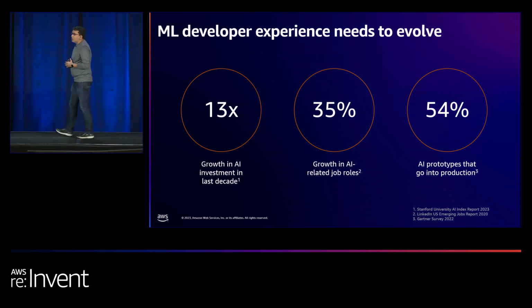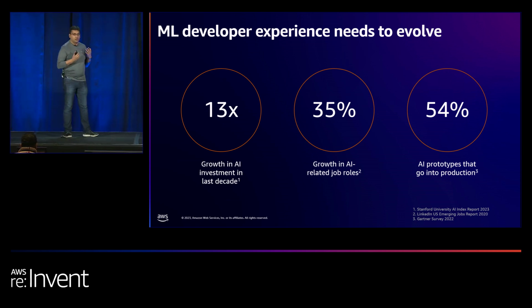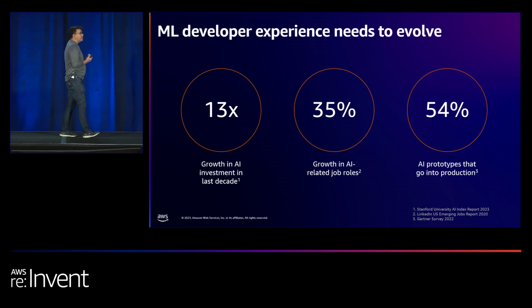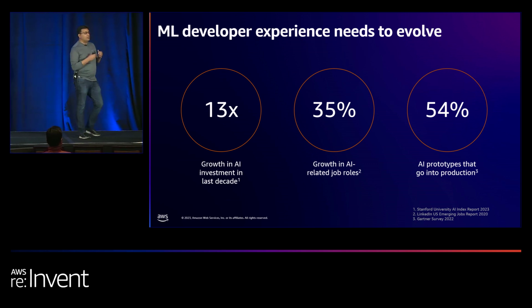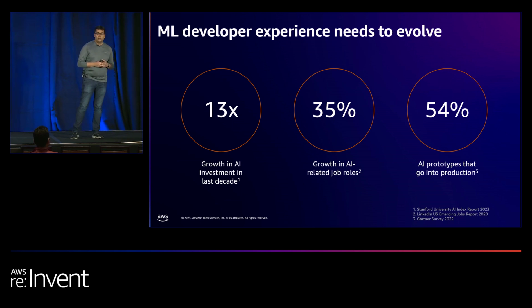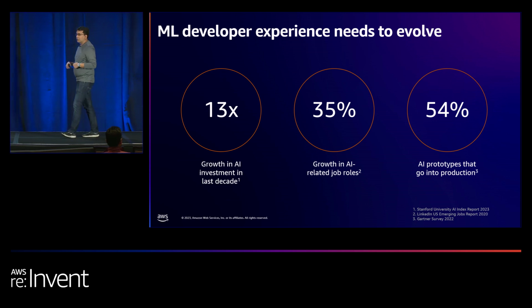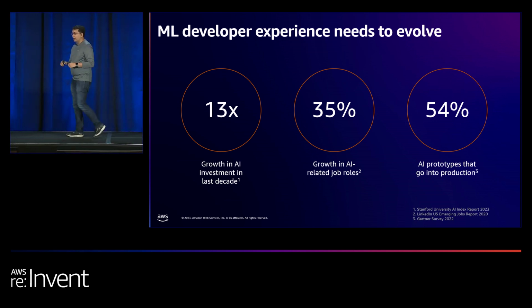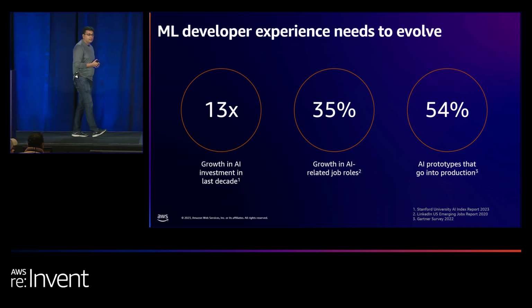The next trend I want to talk about is the proliferation in data and AI-specific job roles and specializations. Given that machine learning is so complex, it's highly unlikely that one person possesses all the skill sets needed to develop and deploy a model. For example, a data engineer might specialize in pulling together data from multiple different sources, integrating them together, and then transforming them into a form and shape which is useful for analytics and machine learning.